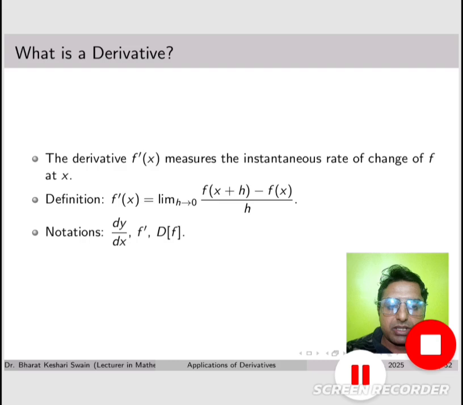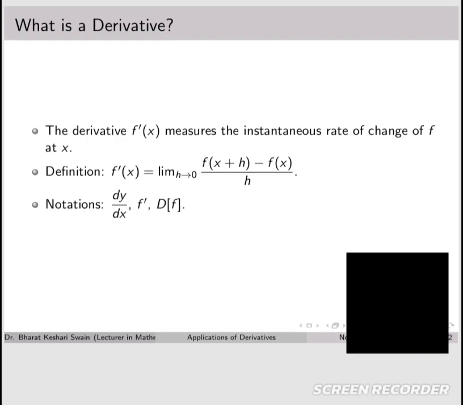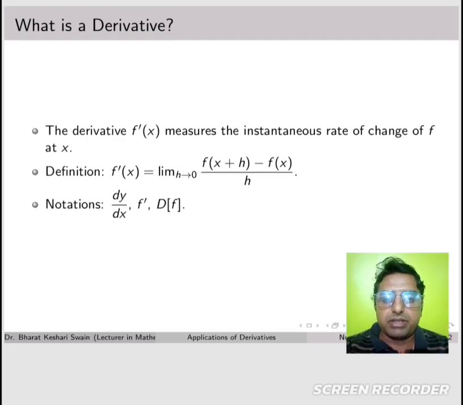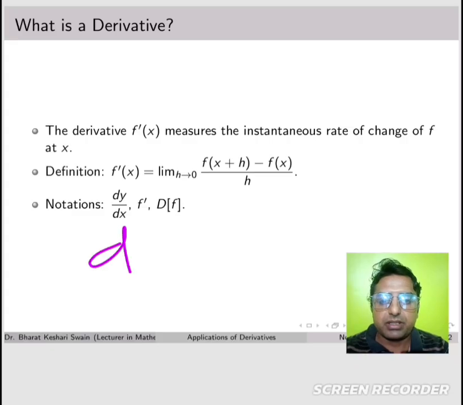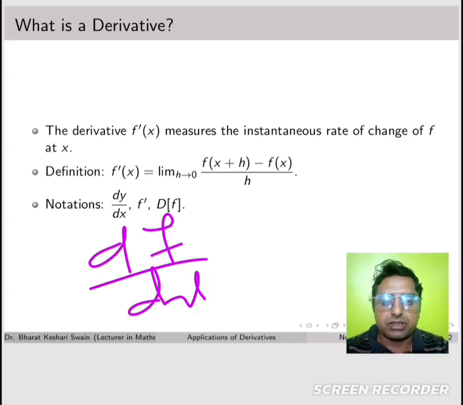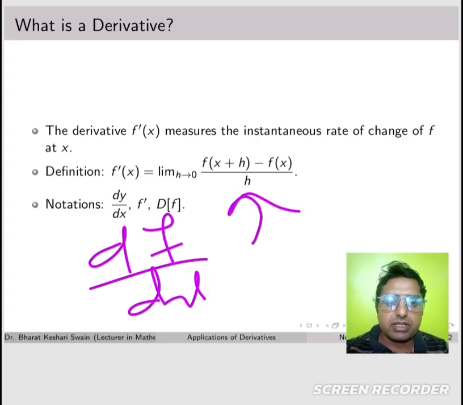It is df by dx, defined by the limit as h tends to 0 of f of x plus h minus f of x, divided by h.